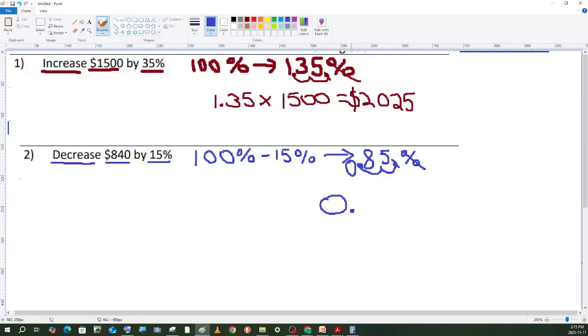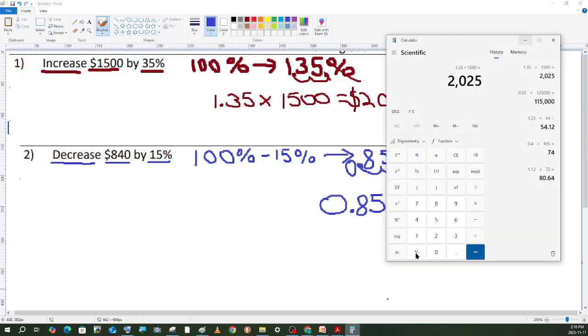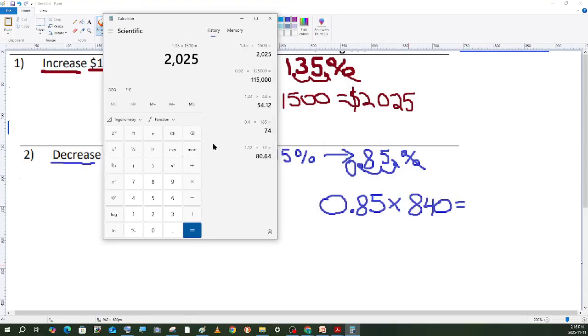We're going to go 0.85 times 840. Again, this is a money question, so make sure to include a dollar sign in your answer. So 0.85 times 840 equals $714.